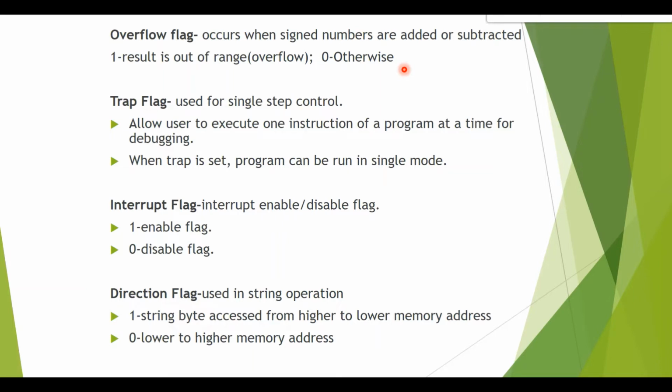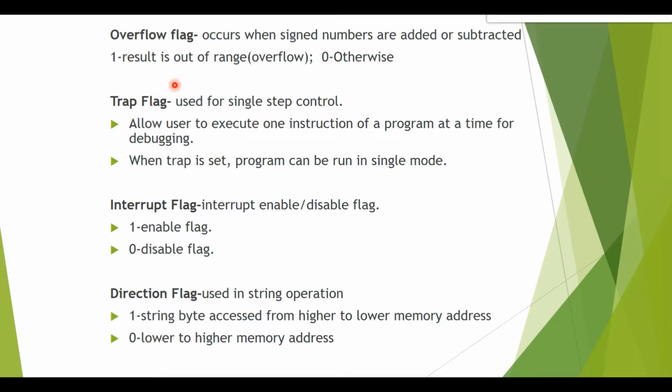Now in the signed number, we know that the MSB of the number is used to represent the sign of that number, and the remaining bits D14 to D0 will be used to represent the magnitude of that number. Clear? So if the result is out of range, then this flag will be set. If it is within the range, then this flag remains reset.